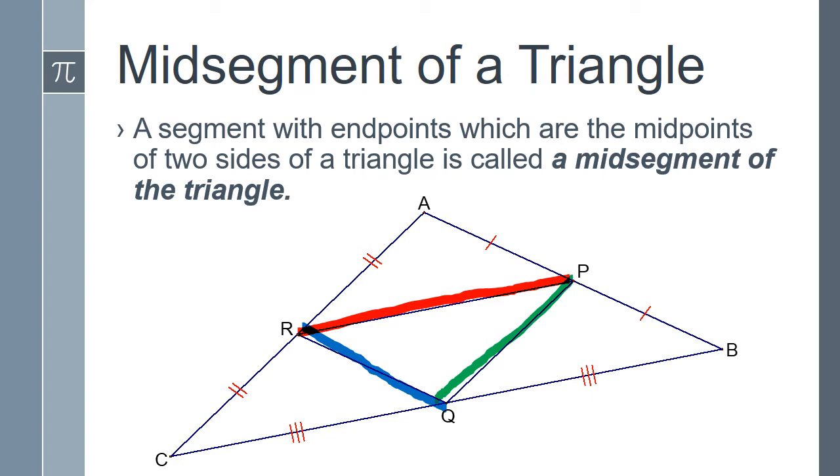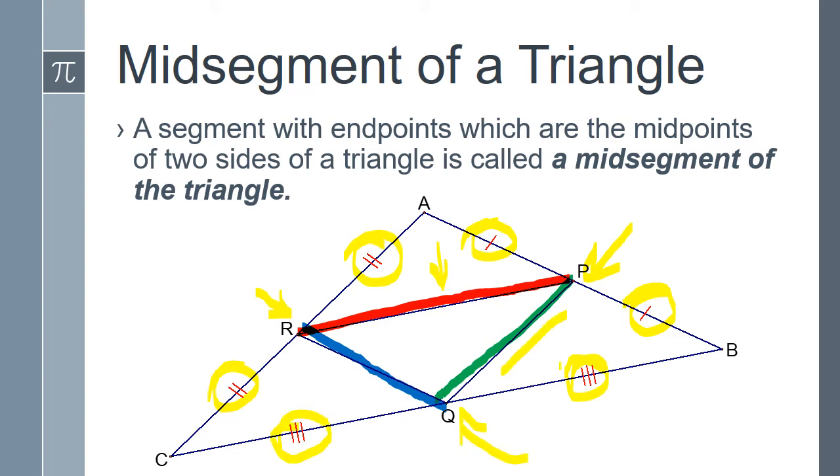And what are our indicators? Well, the indicators that we have midsegments are these marks here, and each one of these. Those are midpoints, right? Here's a midpoint here, here's a midpoint here. Therefore, that is a midsegment. But I have another midpoint here. So now that means this is a midsegment, and so is this one here.